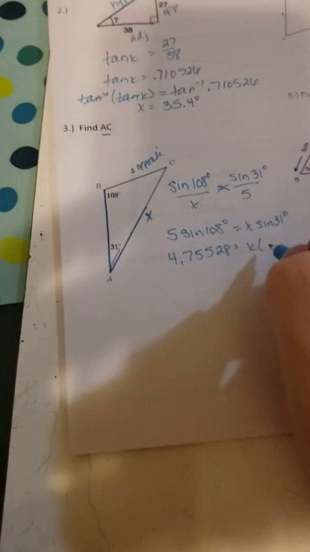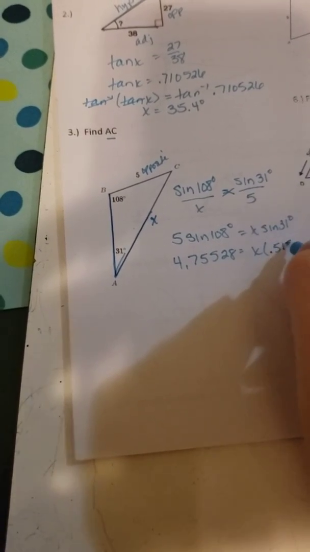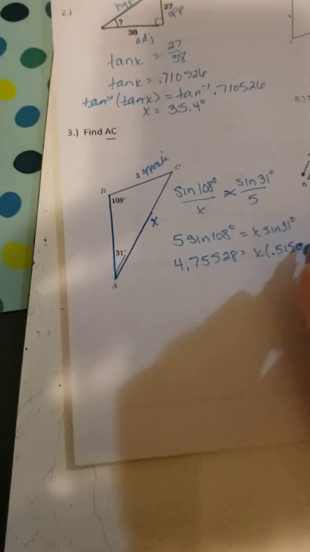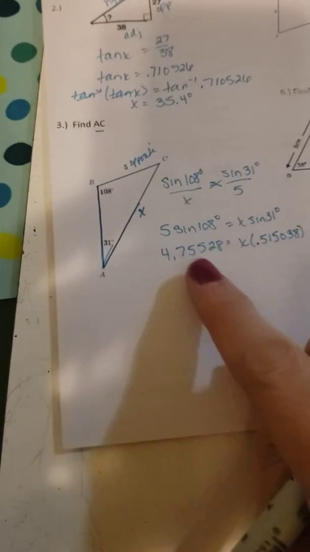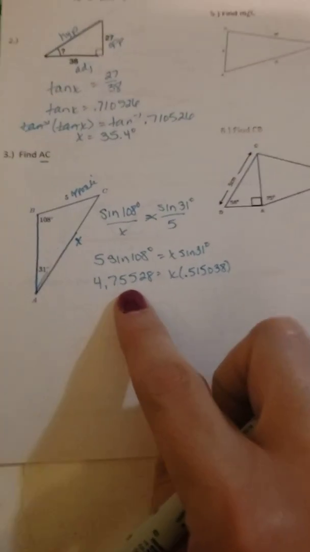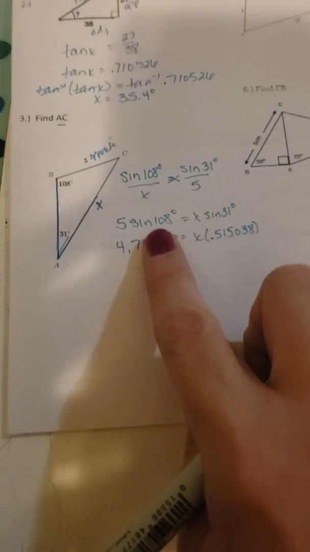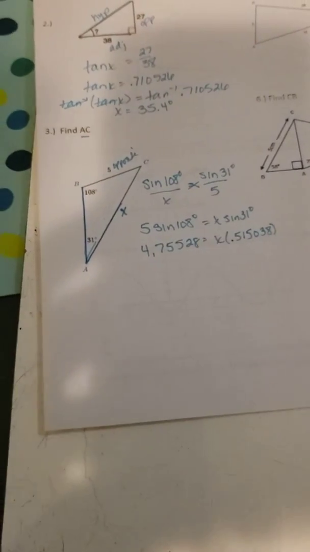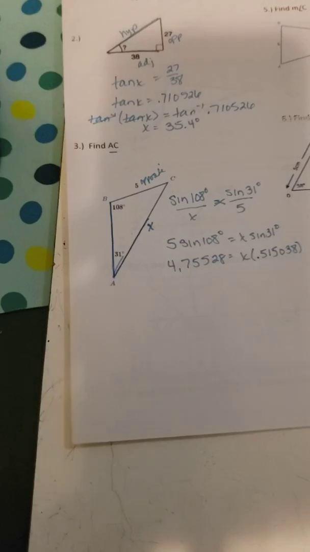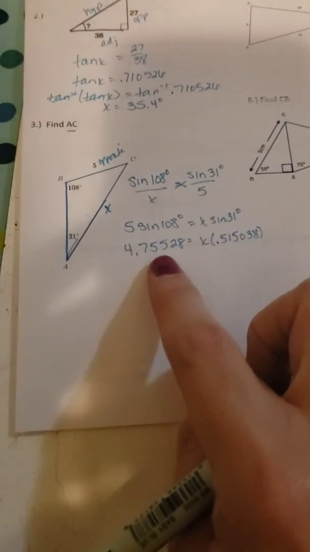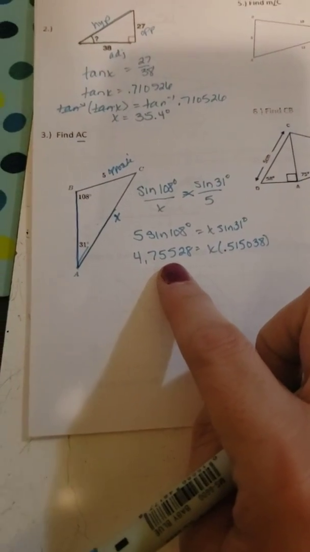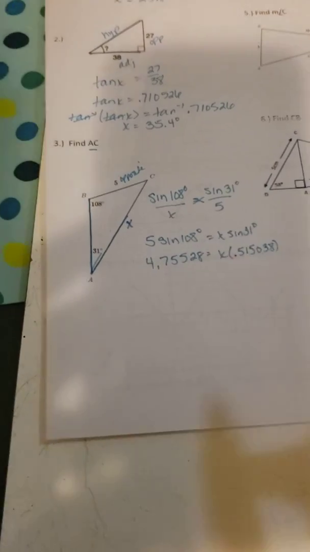And the sine of 31 is about 0.515038. Now notice I've left a lot of decimal places because if I were to cut this off and make this 4.8, that would really reduce the accuracy of my answer. So if you're going to put your stuff in the calculator early, leave a lot of decimal places.